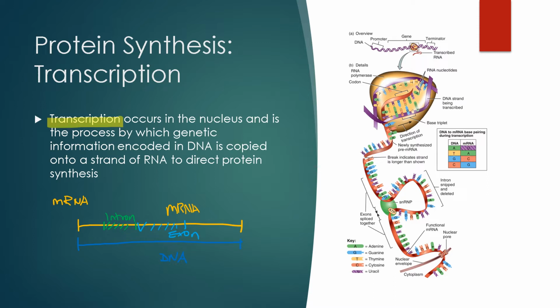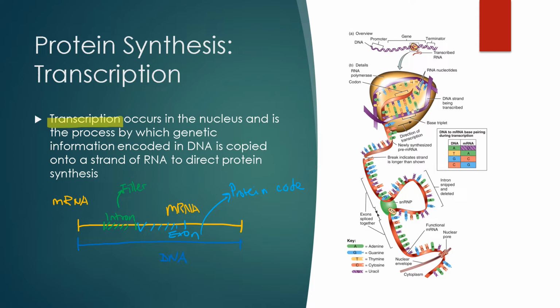Now, exons are the portions that actually code for proteins. So this is going to be the actual protein code. And introns are just filler code. It doesn't actually code for any particular protein, just filler RNA.